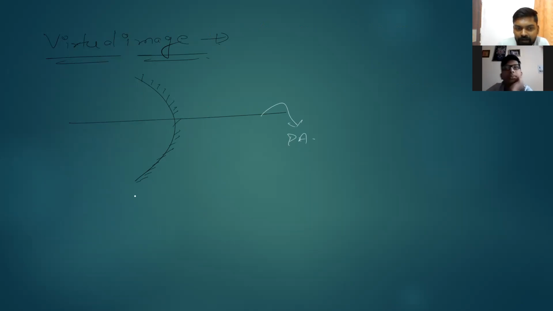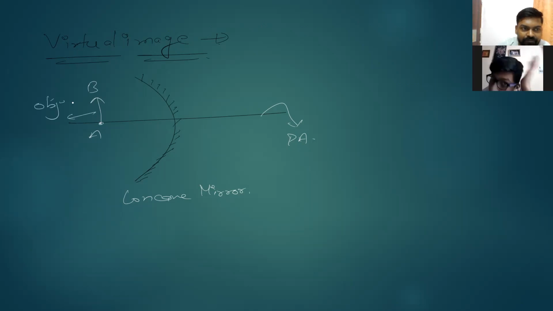As we know, the object should always be kept at the left side of the mirror. So the object is here at this point. This is an object AB.